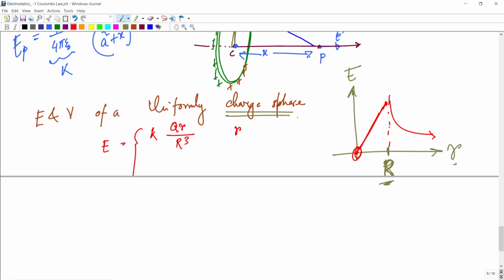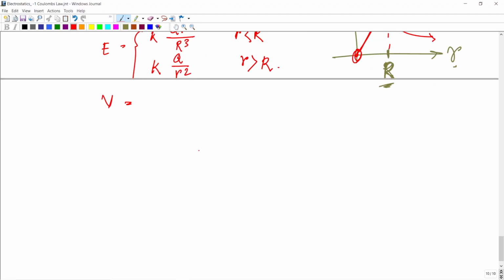This holds for small r less than capital R. Outside the sphere, E is kq by r square, where small r is greater than capital R. What is the potential here?